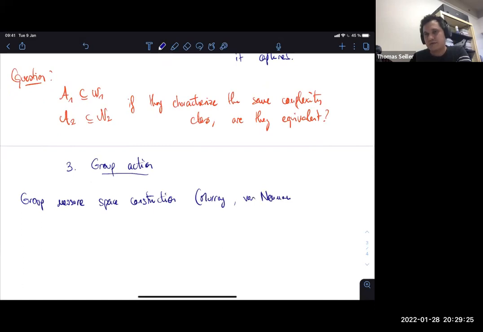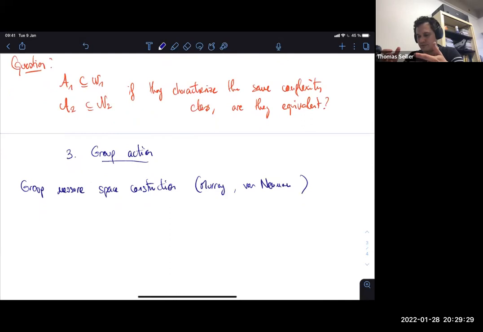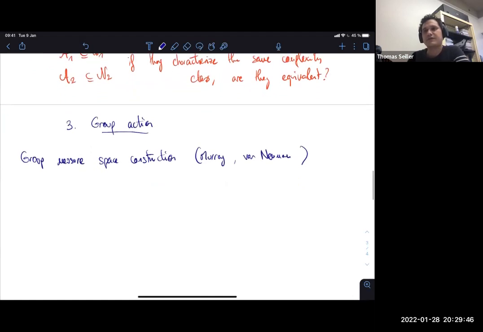In the 40s, there's a series of papers where they start studying von Neumann algebras. The papers are called rings of operators. And they have this way of producing a von Neumann algebra from a group action. So it's a group action and a measure space, right? And I will try to explain a bit how it gives you the inclusion and how it's better for us.